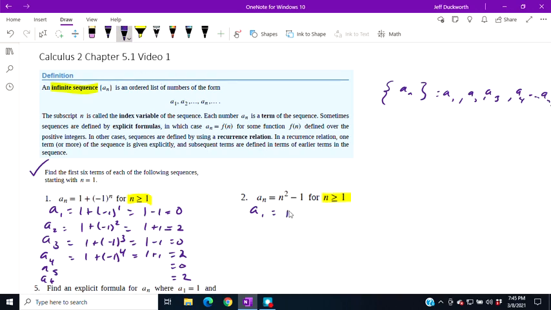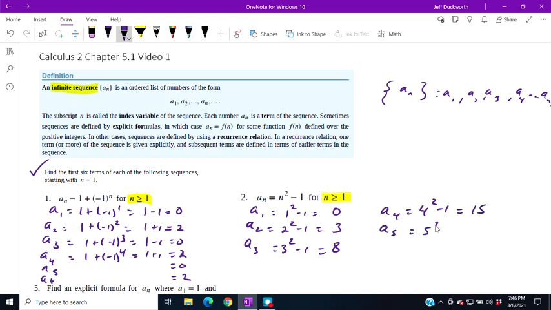So a1 equals 1 squared minus 1, which is just 1 minus 1, which is 0. 2 squared minus 1, 2 squared is 4, so that's 3. 3 squared is 9, so that's 8. 4 squared is 16, so that's 15. 5 squared is 25, so this is 24. And finally, a6 is 6 squared minus 1. So 36 minus 1 is 35.